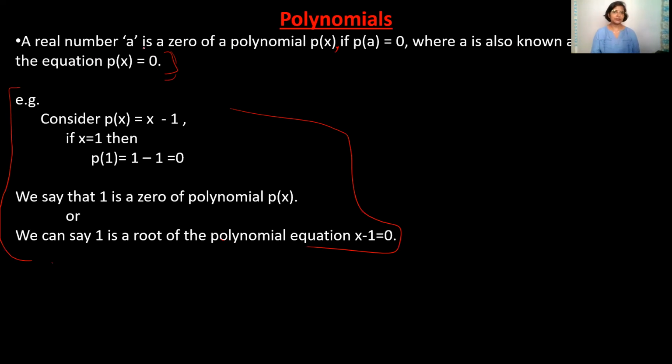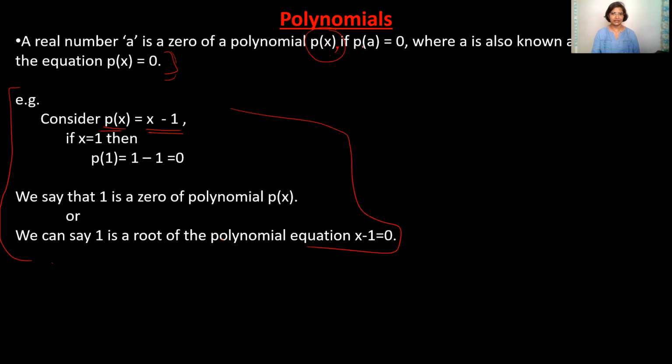So a real number a is a zero of a polynomial p(x). Suppose we consider p(x) as any polynomial expression here, right? Suppose p(x) equals x minus 1. Then p(a) equals 0 means instead of x, x or a is the same thing.